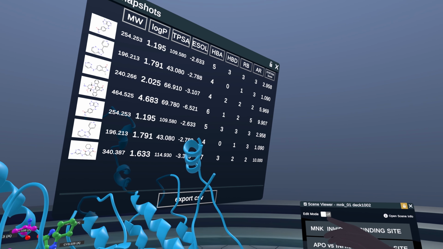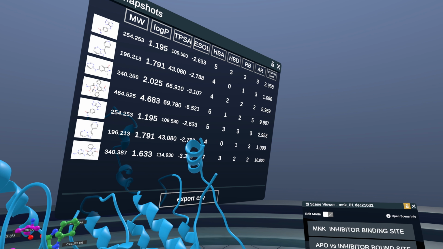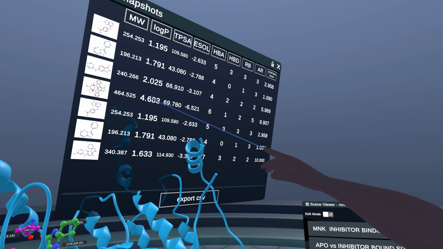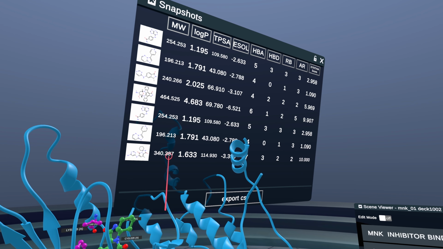Normally what you want to do is to have as low lipophilicity as possible in your drug-like molecule. And this has got a fantastic logP, 1.633, compared to Staurosporine, which is pushing on to 4.5 in terms of logP. Obviously, it's a much lighter compound as well.